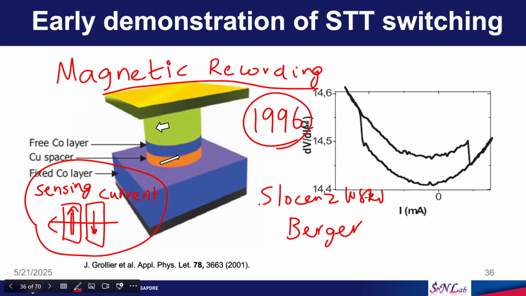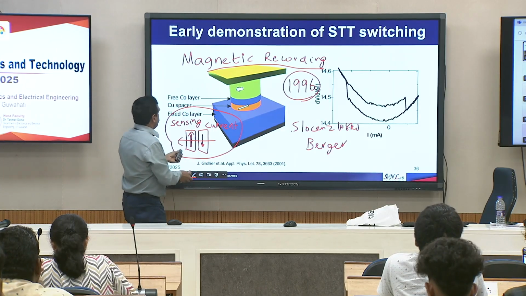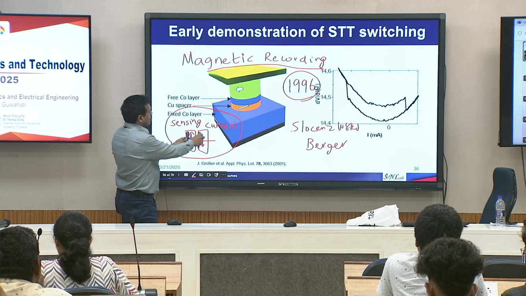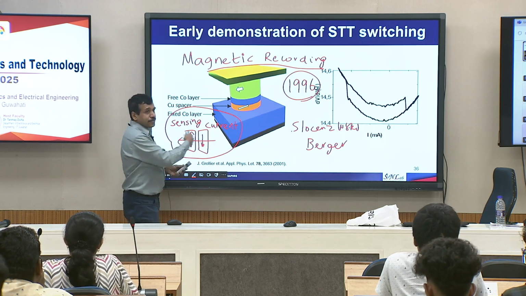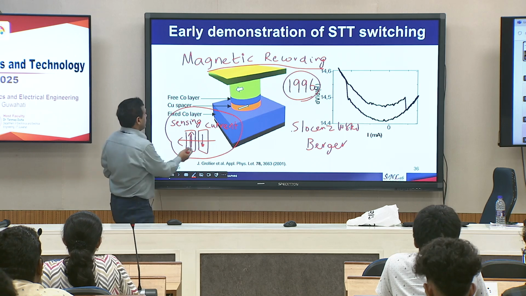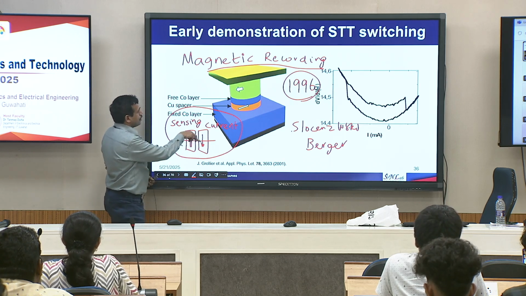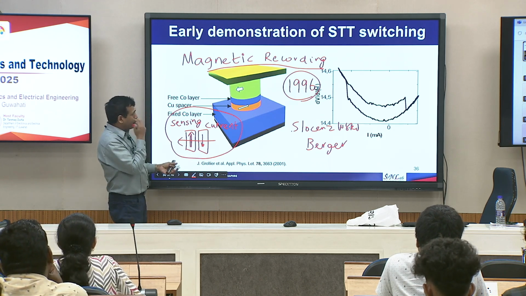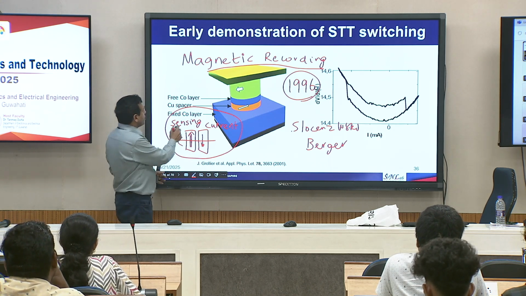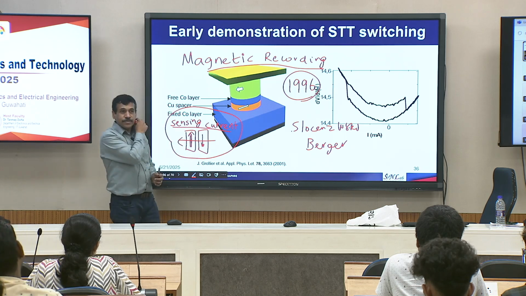Okay. So, when you are talking about the magnetic recording principle, you do not want the magnetization of the sensor layers to be affected by the current that you flow. This magnetization should be parallel or anti-parallel only because of the magnetic field that comes from the recording medium. It should be independent of the sensing current. Okay.